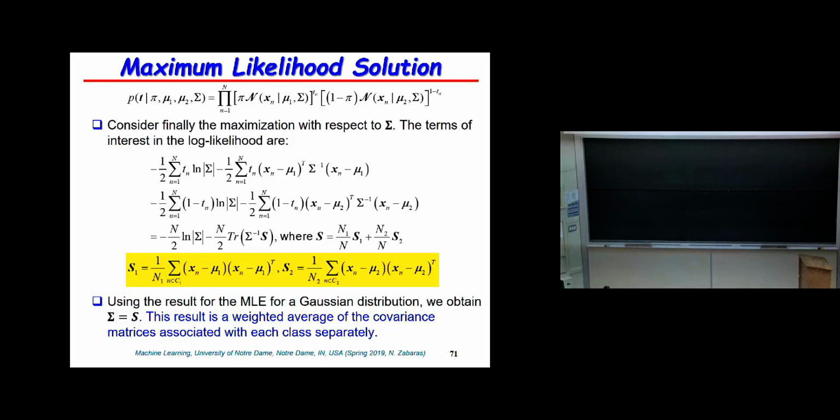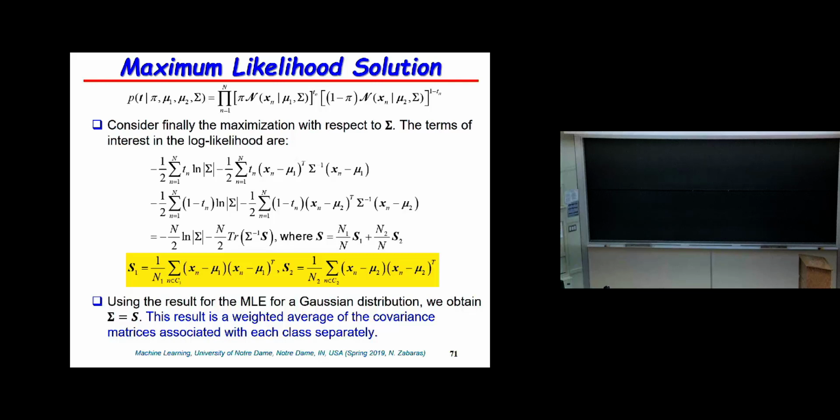So actually, with rearrangement of this term and adding it with this term, you can write the whole thing as trace of sigma minus 1 times this matrix S, right? That is a weighted average of the data covariances in class 1 and class 2. Here is the definition.